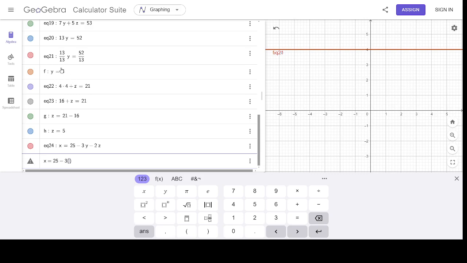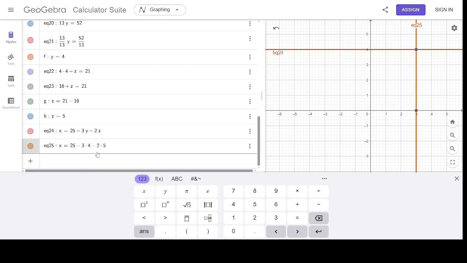It was 4, minus, what was the value of z? It was 5. Alright, so now this one is equal to 25 minus 12 minus 10.